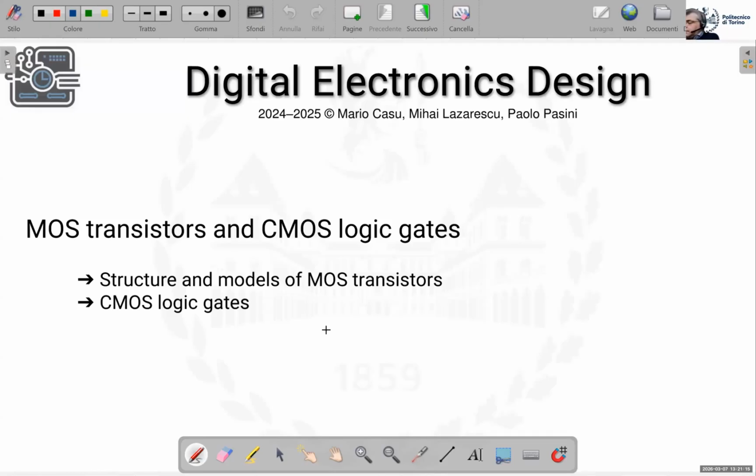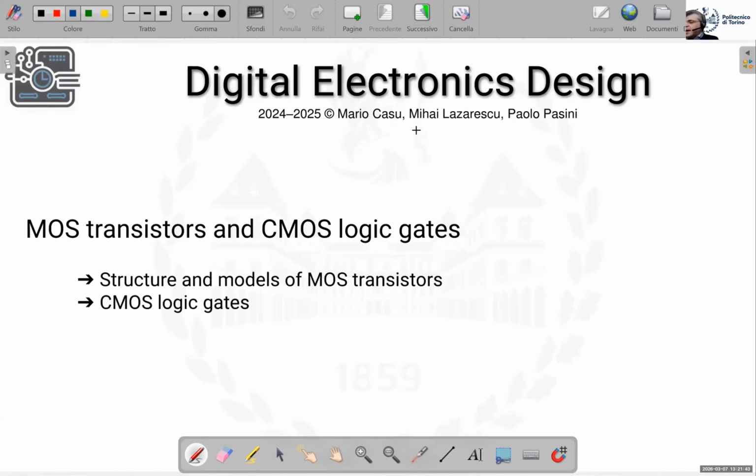Good morning. Today we will discuss and introduce MOS transistors, the devices which can be fabricated thanks to semiconductor technology and which are the essential elements of any integrated circuits, in particular in any digital integrated circuit.